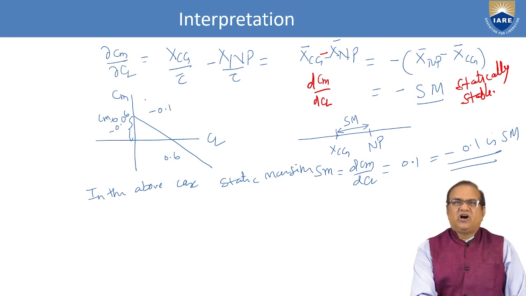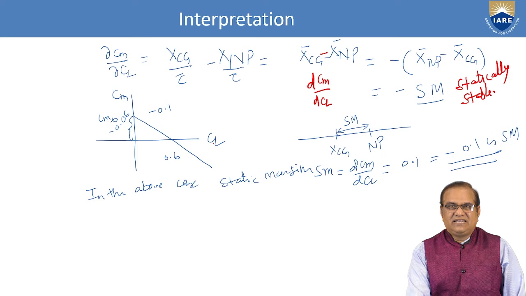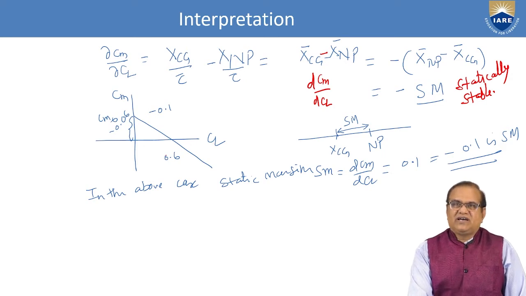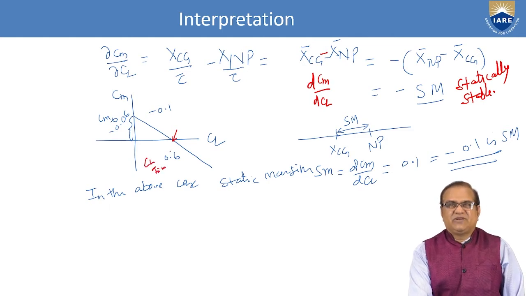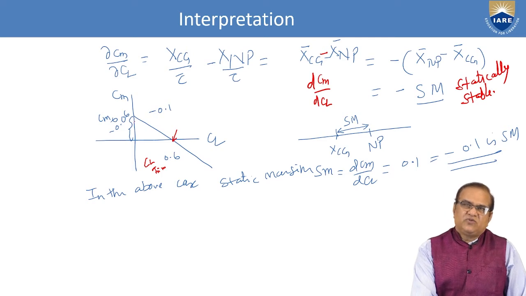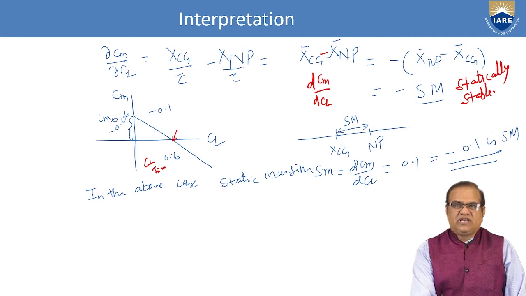here I have drawn a plot of Cm versus Cl, and you know the trim point, this is Cl trim. If you know Cl trim and you know the Cm naught, you can find out the slope.